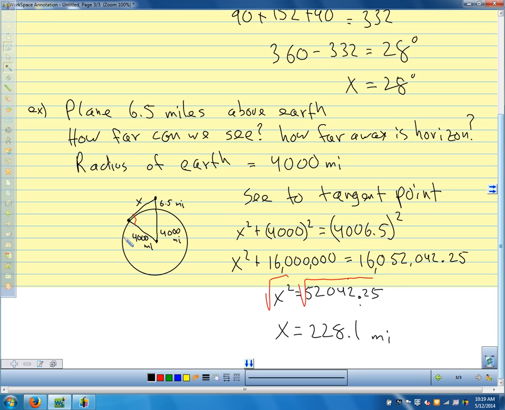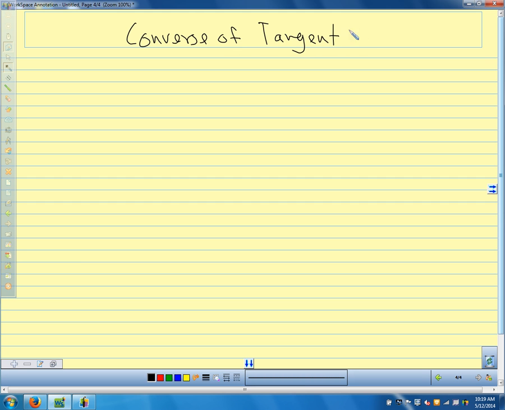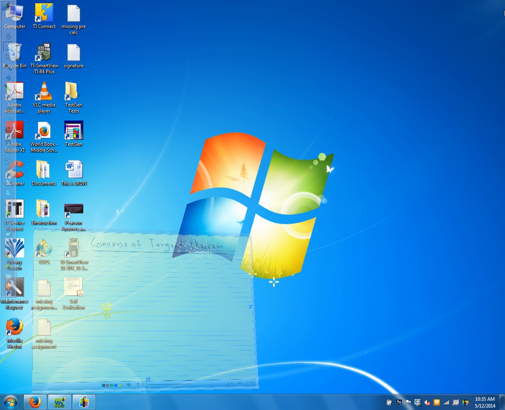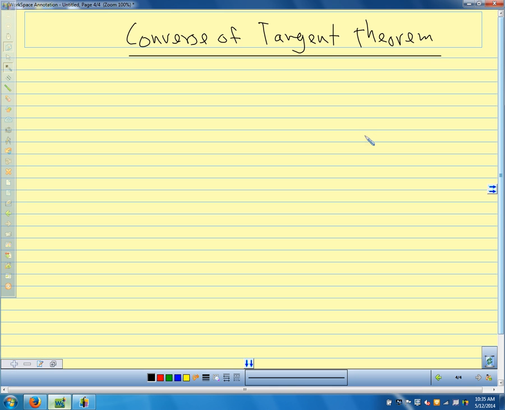All right, so let's talk about the converse of the tangent theorem. And remember, to make a converse, we just switch around the if and the then. So for the converse, we're saying we know that this line or this segment makes a 90-degree angle at the radius.